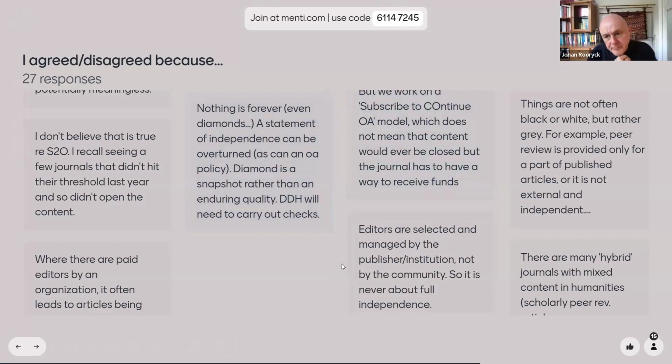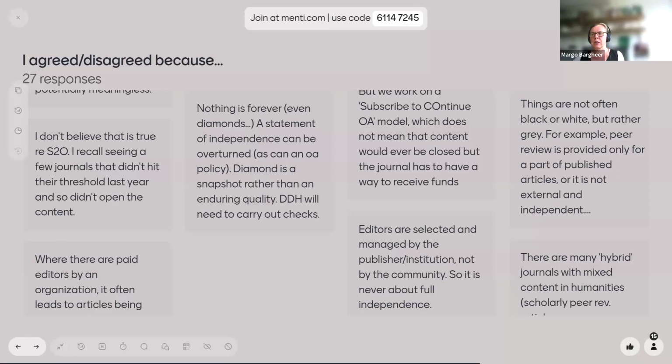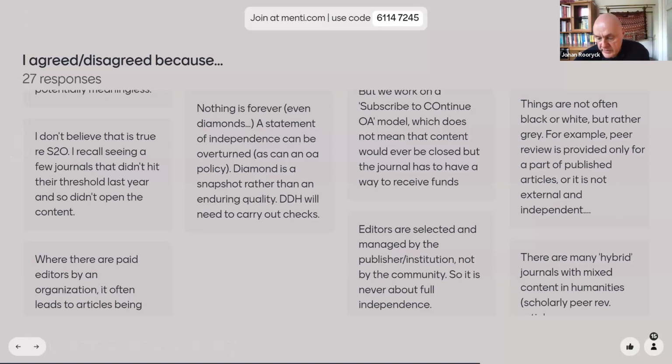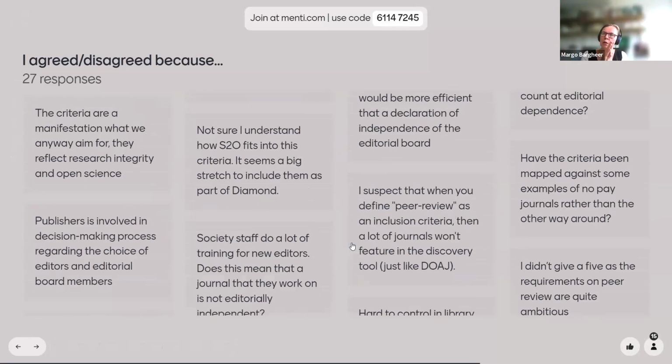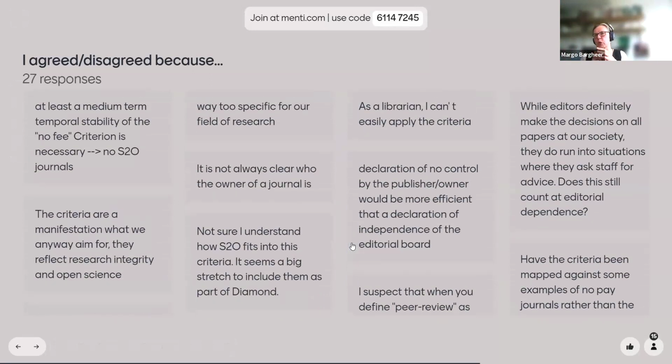There is not a problem if the more professional side of publishing, for instance, the publisher, tells the editor, look, you need to use the right typographical things. There are problems with the language. There is a problem with the quality. That is not meant as interference with editorial independence, because if the publisher and the more professional side of publishing doesn't interfere with these things, then we have a problem with the general scientific integrity of publishing.